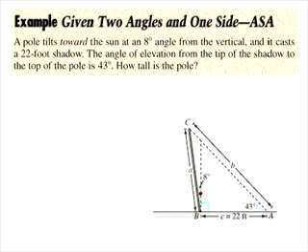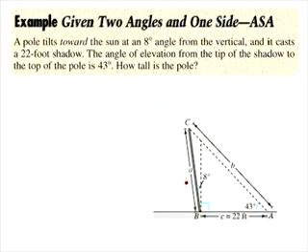It casts a 22-foot shadow, and this bottom edge of the triangle represents that shadow. The angle of elevation from the tip of the shadow to the top of the pole is 43 degrees. So this is angle A. And we are asked to find how tall the pole is. So that would be side A that we are looking for.